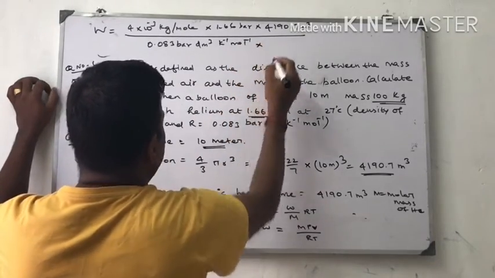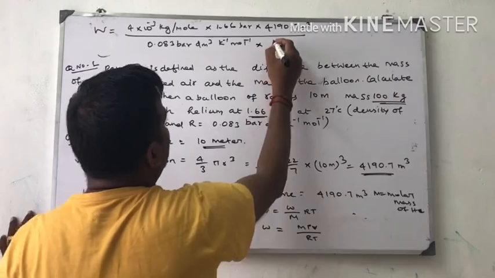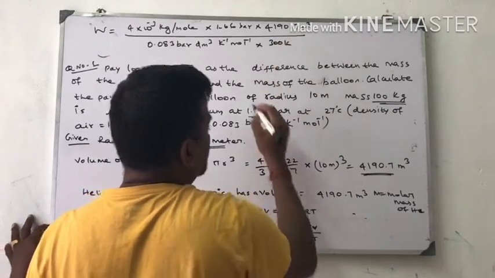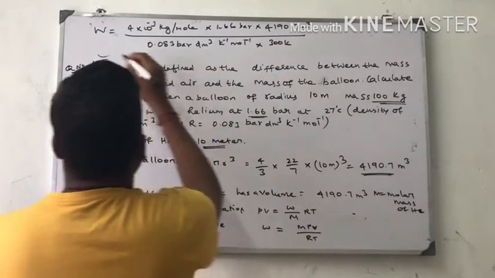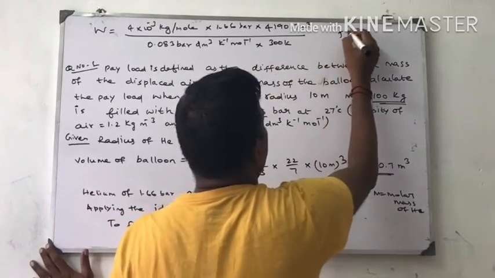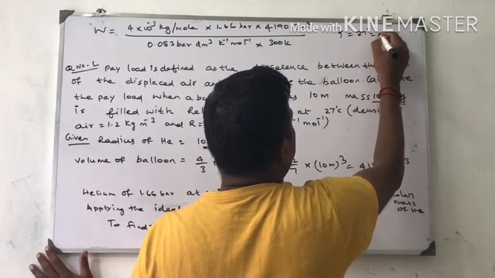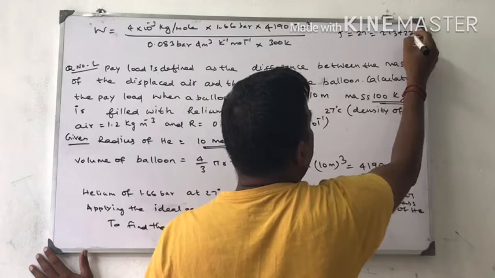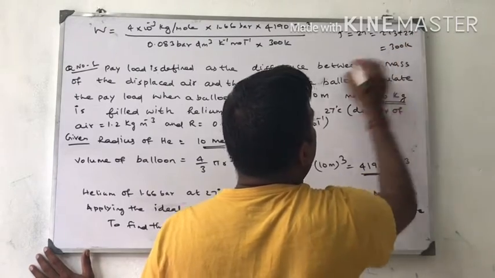What is the temperature? Given room temperature, 300 Kelvin, because 27 degree means 273 plus 27, which is equal to 300 Kelvin.